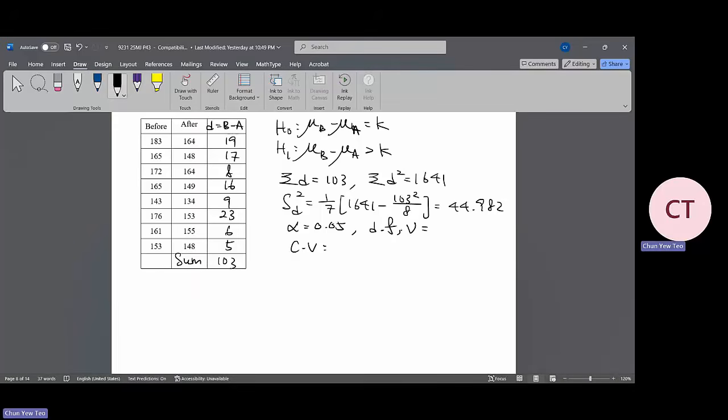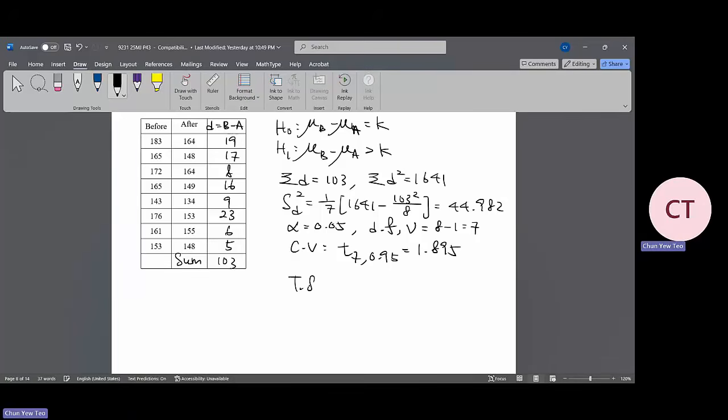You have a total of 8 data, so 8 minus 1 is 7. So the critical value will be t with degree of freedom 7 and your confidence level from the table, we get 1.895.